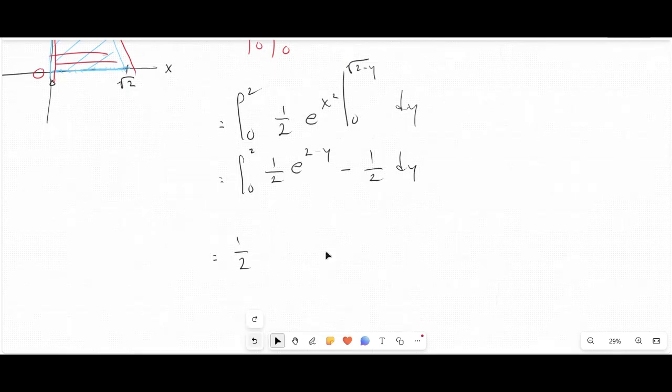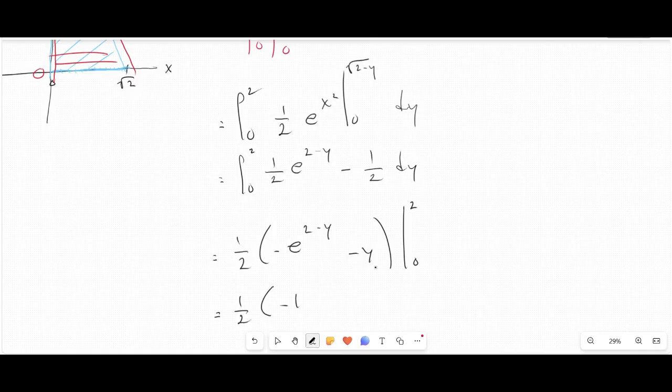minus y. You pull out the 1/2. If you plug in 2, you'll get negative, that's 1 minus 2.